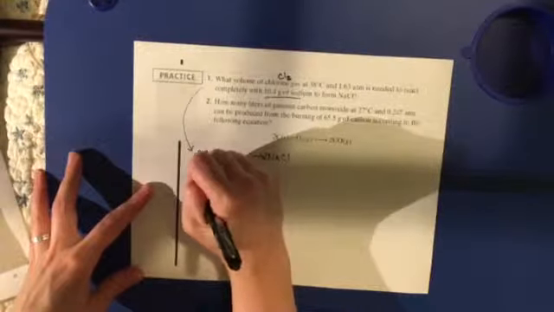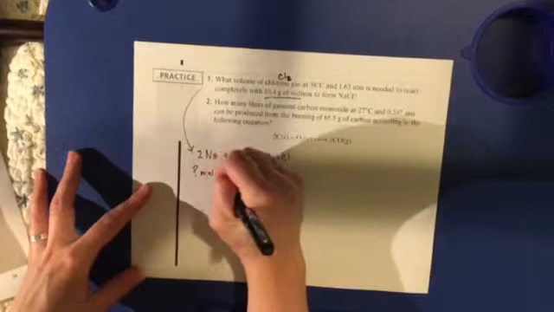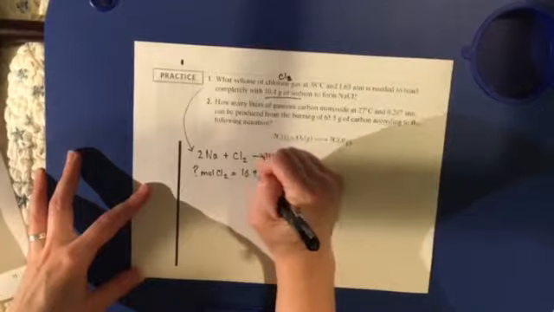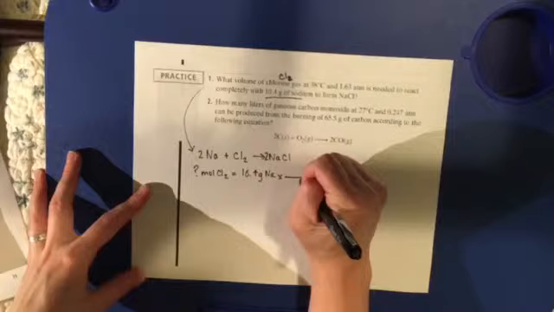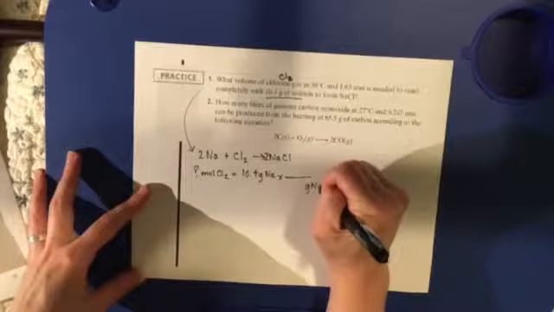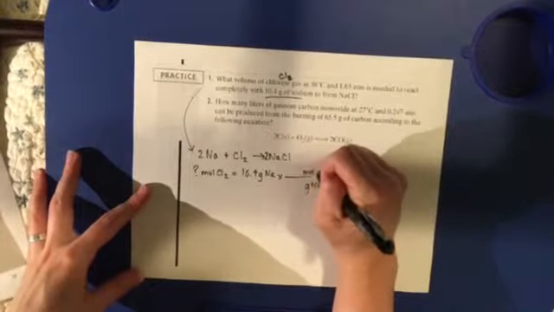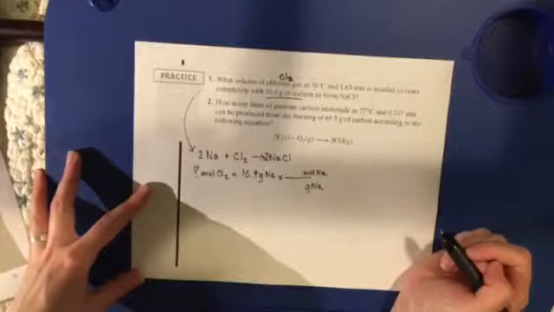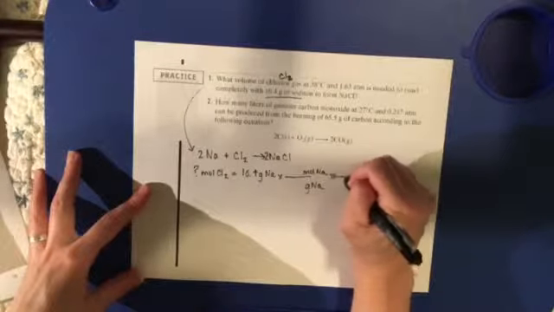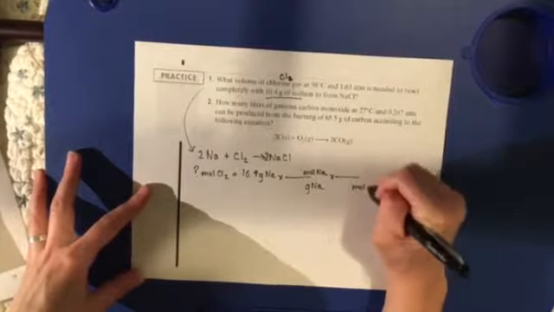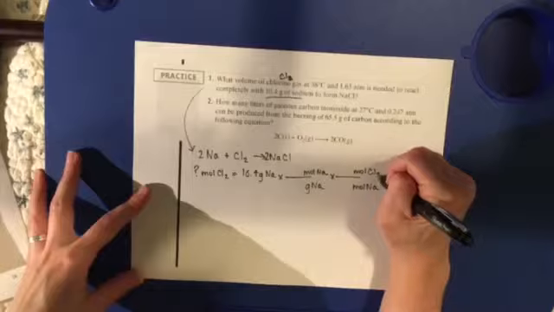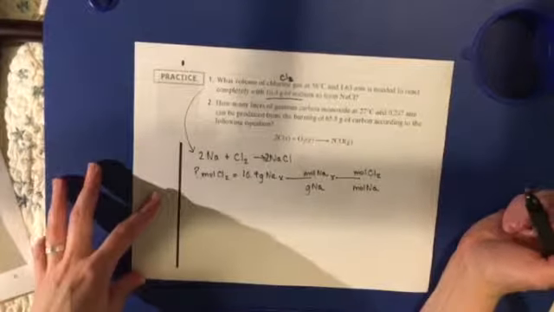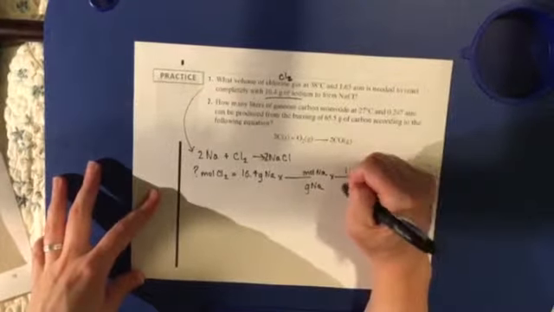So first I'm going to say how many moles of chlorine gas would be needed to react with 10.4 grams of sodium, grams of sodium, moles of sodium, and then I'm going to go from moles of sodium to moles of chlorine. And so that would be a 1:2 ratio.